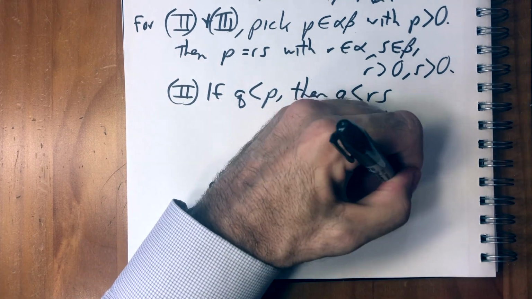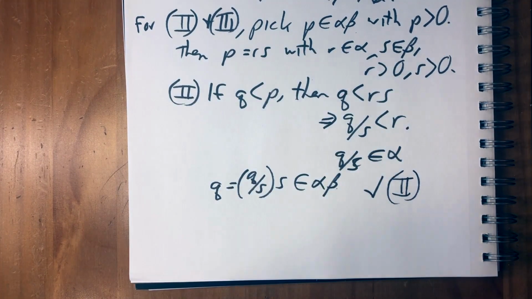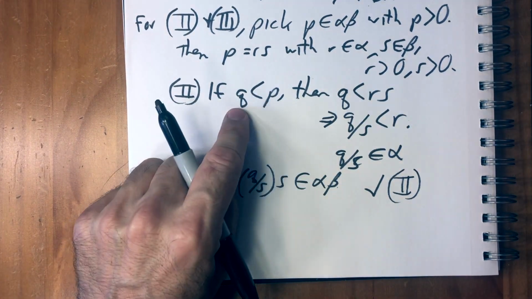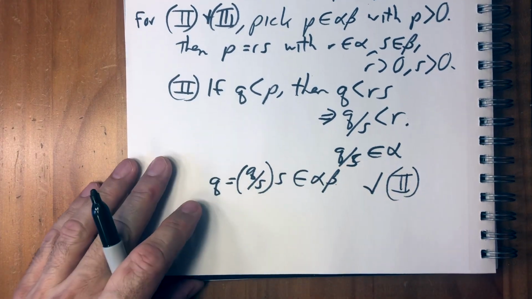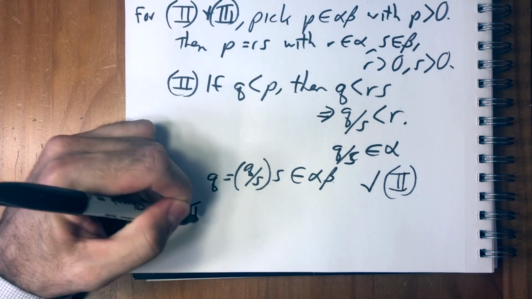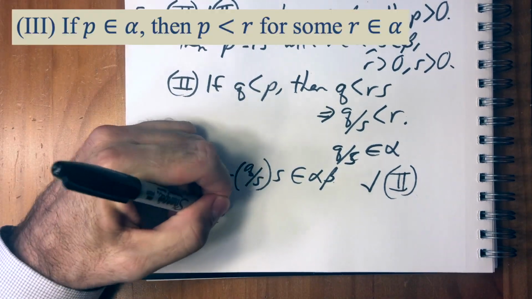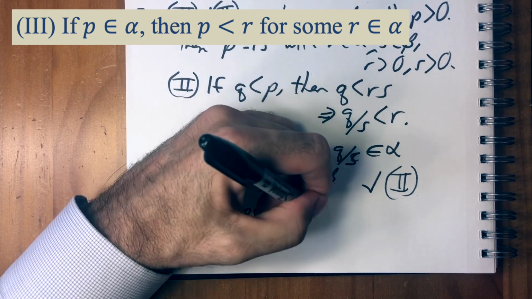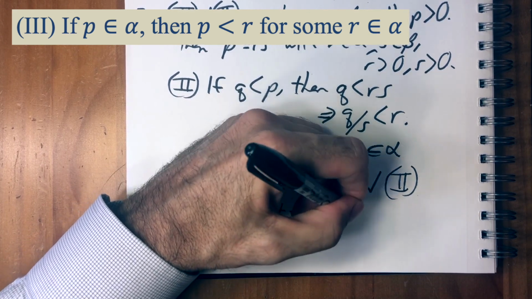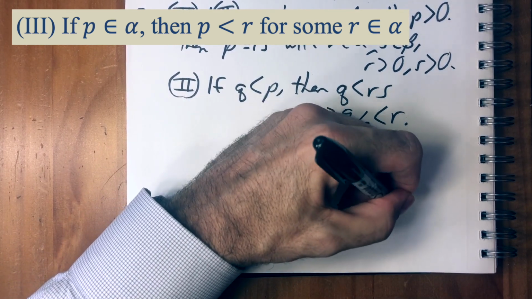Because we started with p in alpha beta, we took something less than p and we showed that it's also in alpha beta. That's the definition of 2. So for 3, choose t, element of alpha with t greater than r.